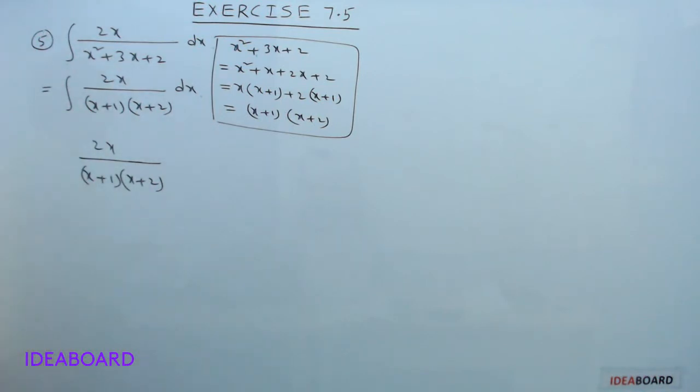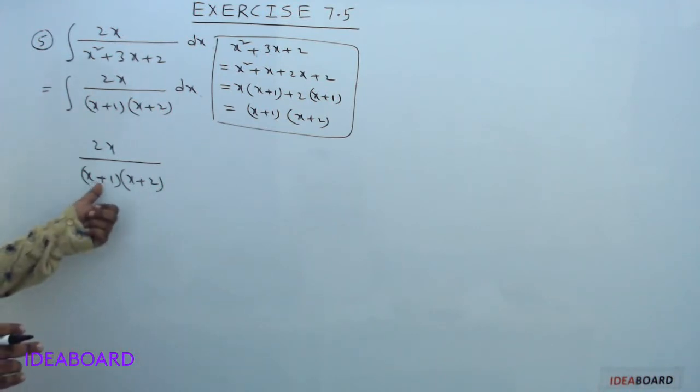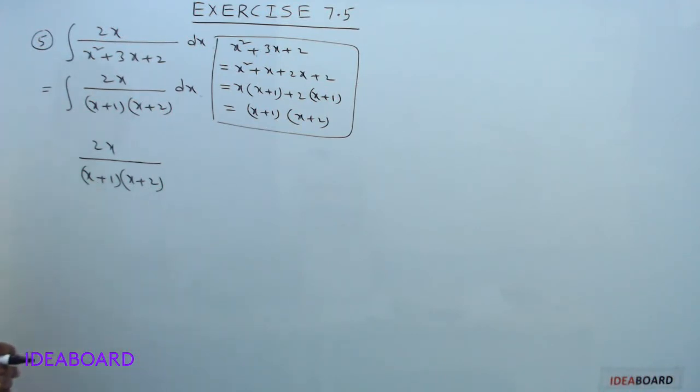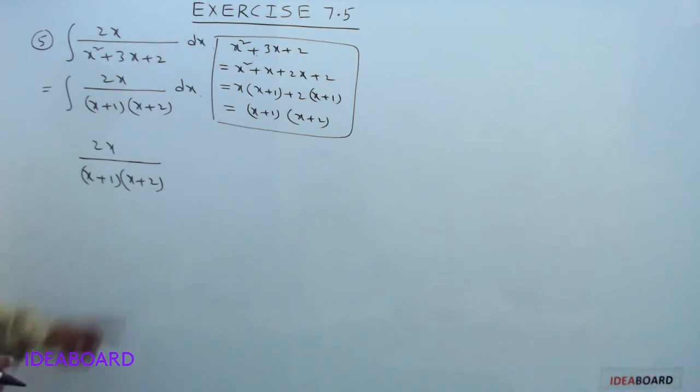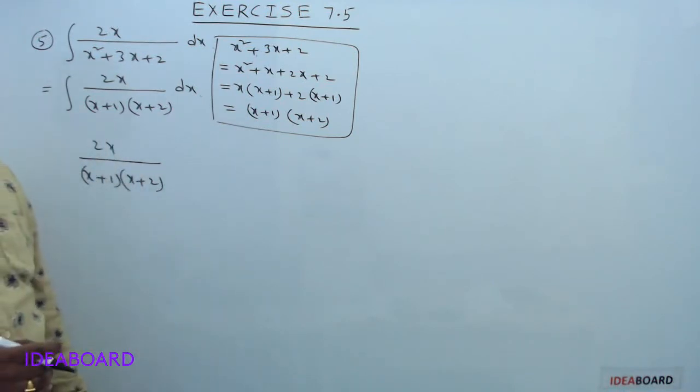Then observe the factors in the denominator. x plus 1 is a linear factor. Is it repeated anywhere in the denominator? No. So it is called a non-repeated linear factor. Similarly, x plus 2 is also a non-repeated linear factor. So it belongs to type 1.